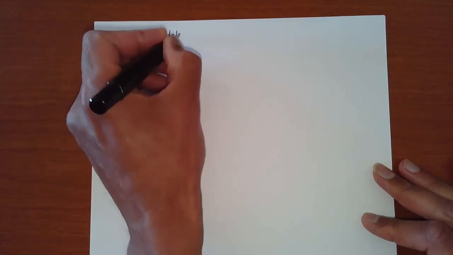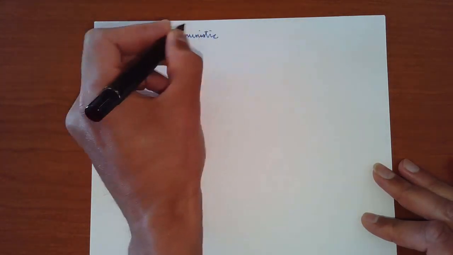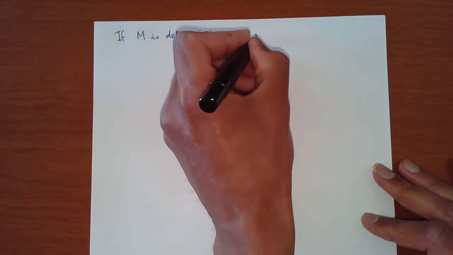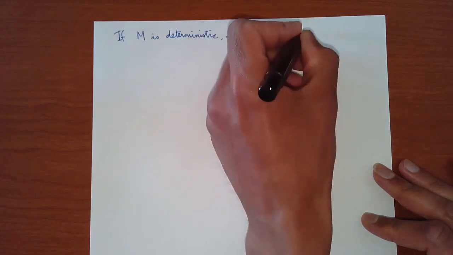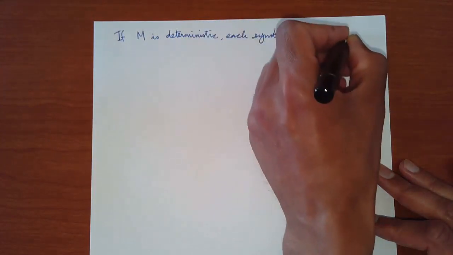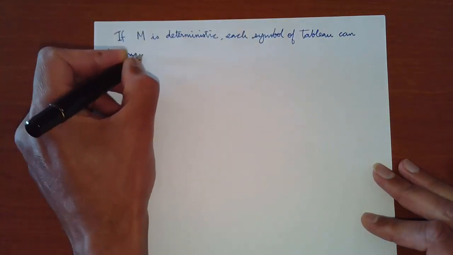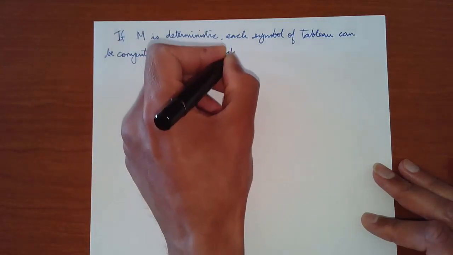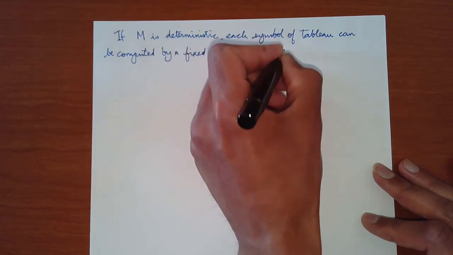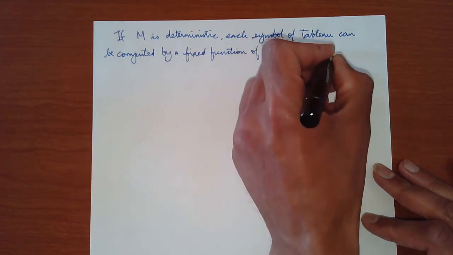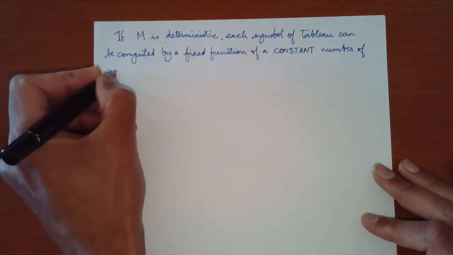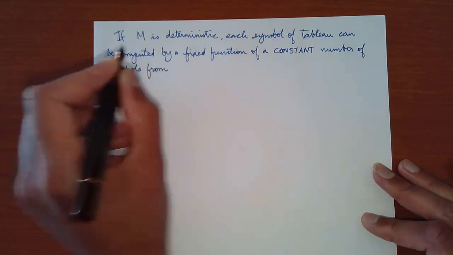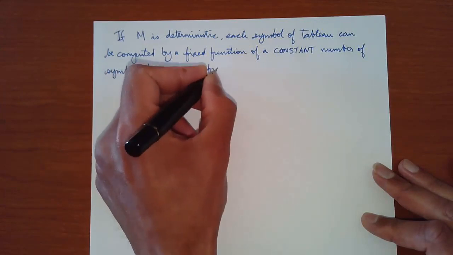Well, first let me draw some pictures and I'll write it down as a formal theorem: if M is deterministic, then each symbol of the tableau can be computed by a fixed function of a constant number of symbols from the previous configuration string.